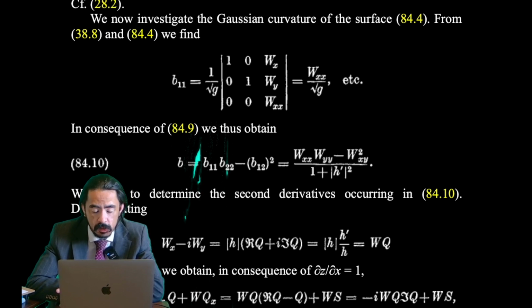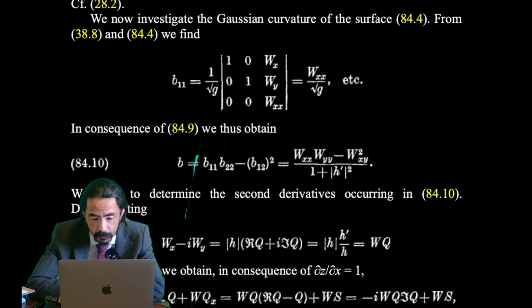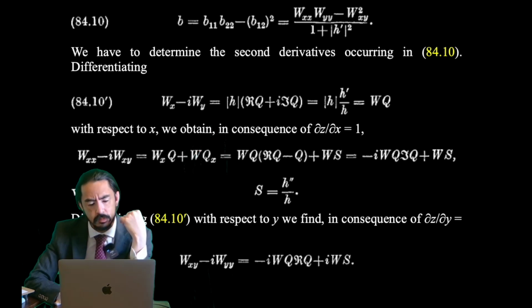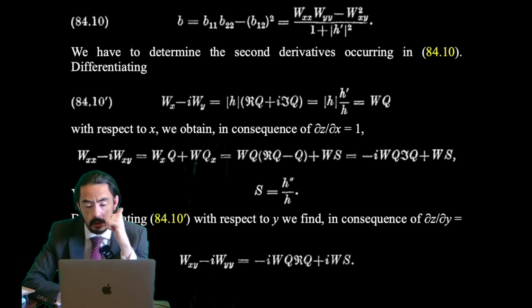So in consequence of this, we obtain, for the discriminant of the second fundamental form, a fraction with a numerator of capital W sub xx times capital W sub yy minus the square of capital W sub xy, and this is all over a denominator of 1 plus the square of the modulus of h prime. We have to determine the second derivatives occurring in what I just read. So I guess we're just going to get right into that.